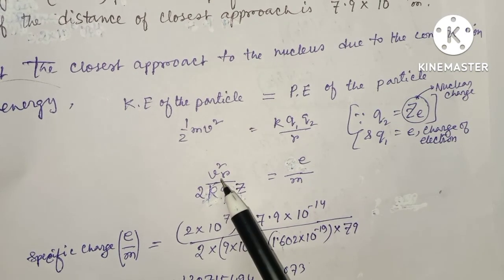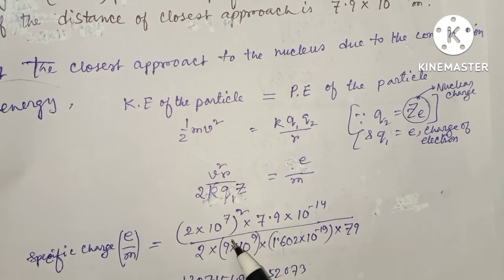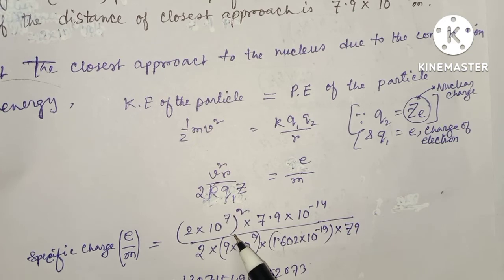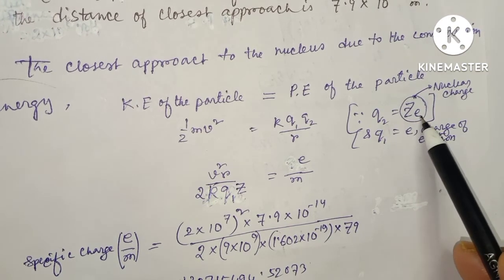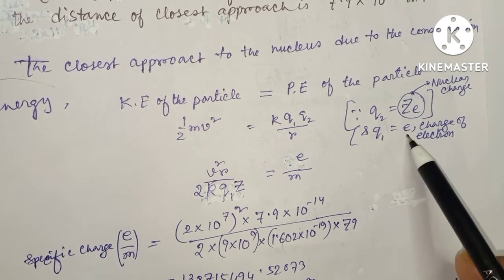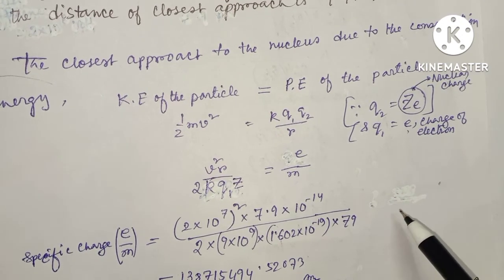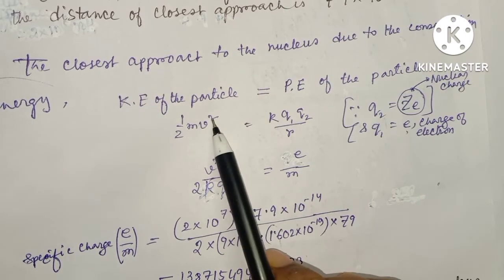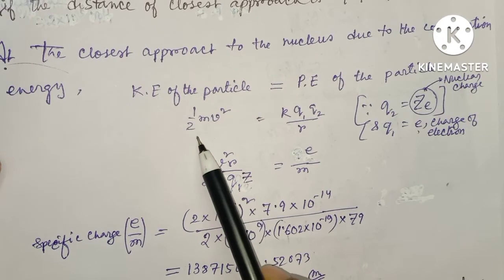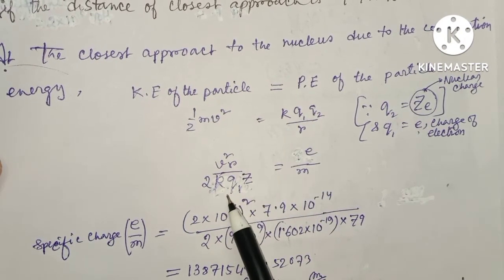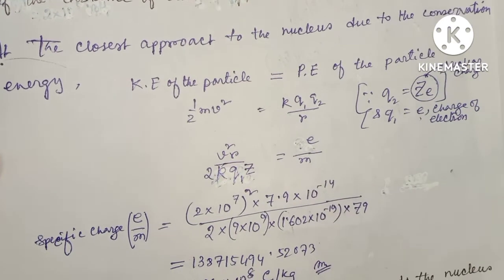So v square by r by 2 kappa q is equal to e by m, where q2 is Ze, the nuclear charge, and q1 is the charge of electron. So v square by r by kappa into q1 into q2, we get e by m.